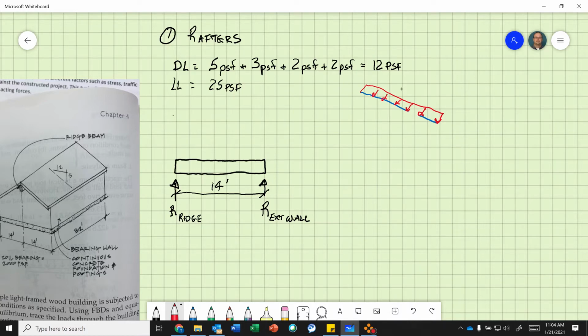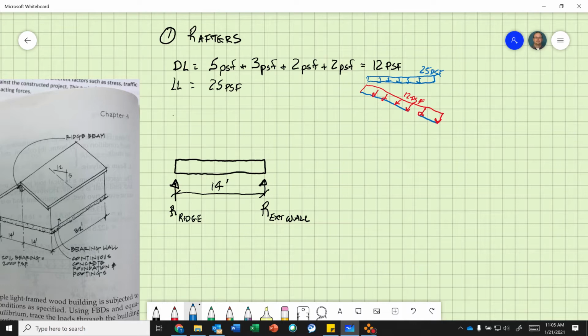So we have 12 PSF. Now we have a snow load. The snow load always acts horizontally. It does not act along the roof. This is how structural engineering is done. So now I have two loads.